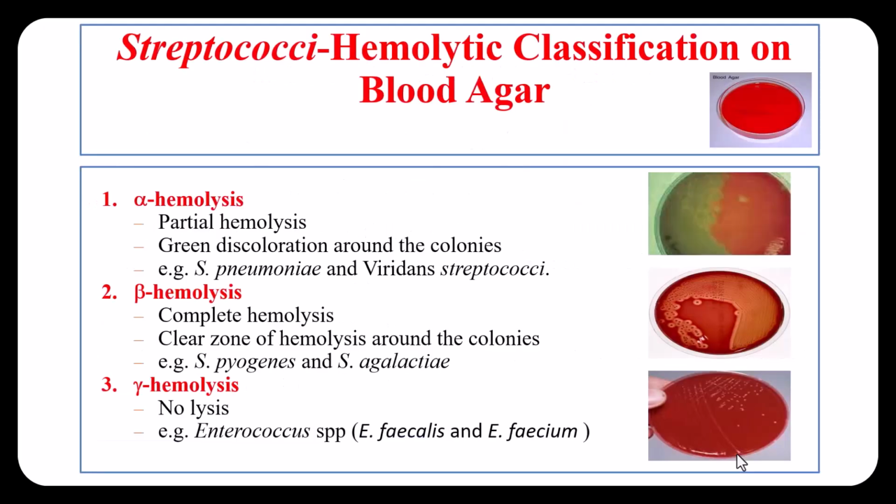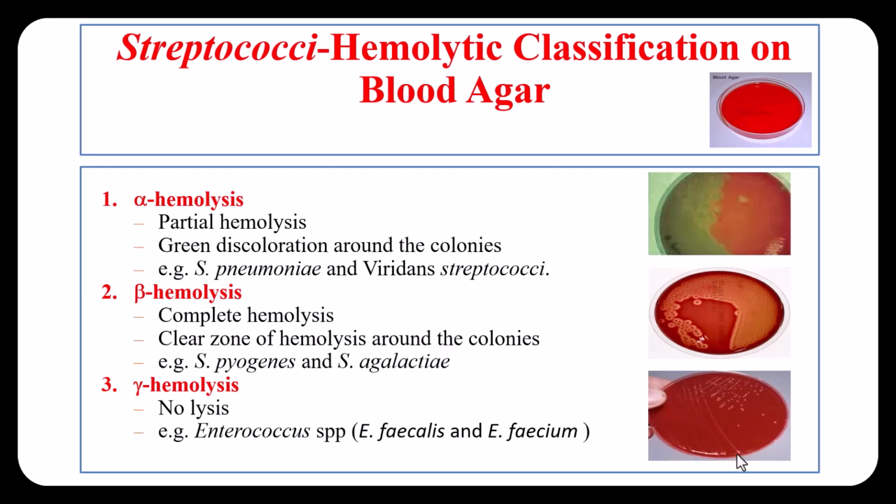Now, after understanding the general characteristics, as I mentioned, it's a gram-positive cocci arranged in chains under the microscope. Now, the culture characteristic is very important, and we can classify the streptococci according to the type of hemolysis on blood agar, as streptococci grow on blood agar and produce different types of hemolysis.